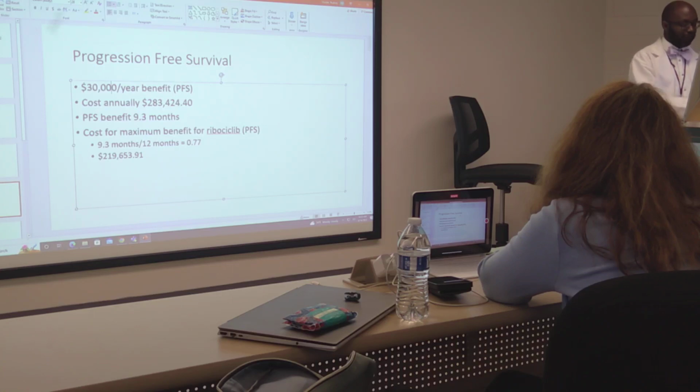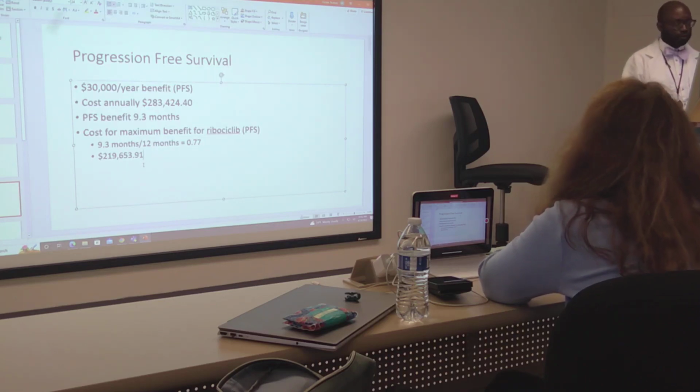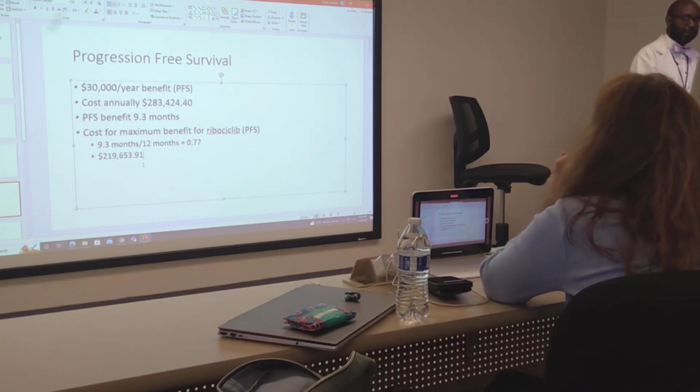They made an assumption, 60,000, 90,000, and then when you do the calculations for the actual drug, you see you're going to have to spend over $200,000 and not even get a year's worth of benefit from the drug. So we're going to take that drug off of the formulary.